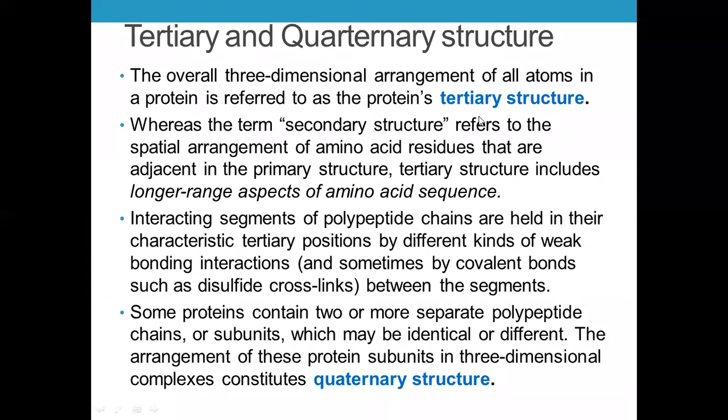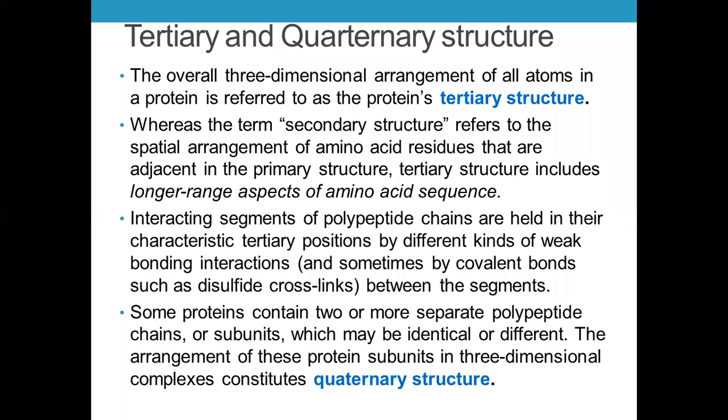The tertiary structure, as already mentioned, is the overall three-dimensional arrangement of all atoms in a protein. We consider everything, aside from the sequence, the primary, the secondary, or other arrangements or conformations of atoms in the overall structure of the protein.